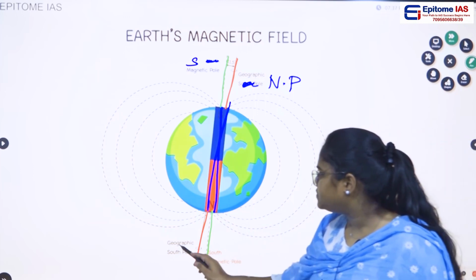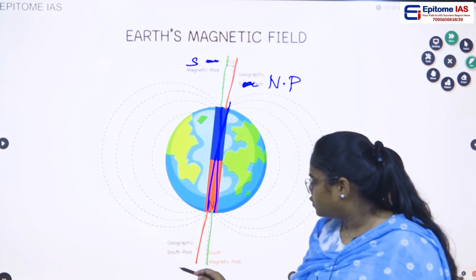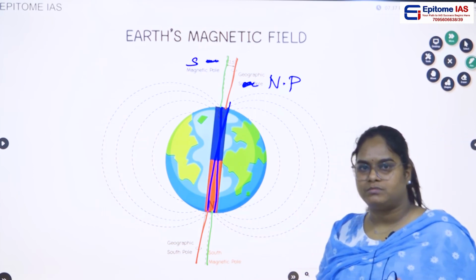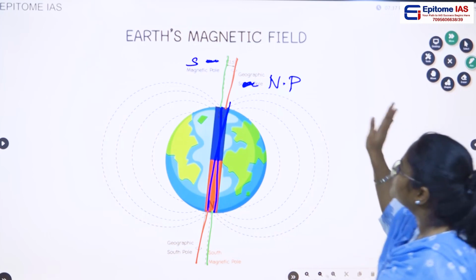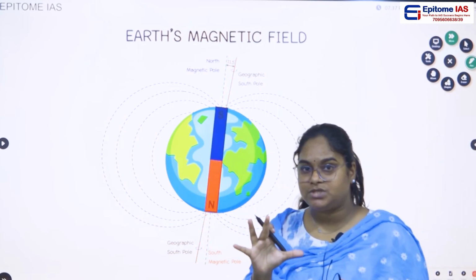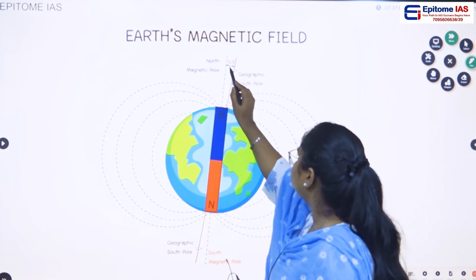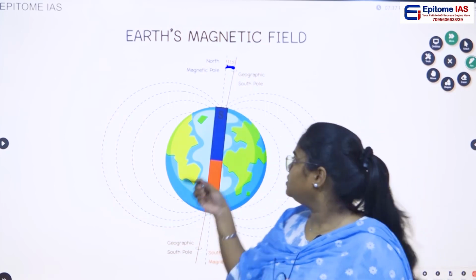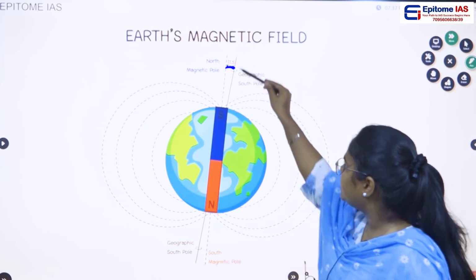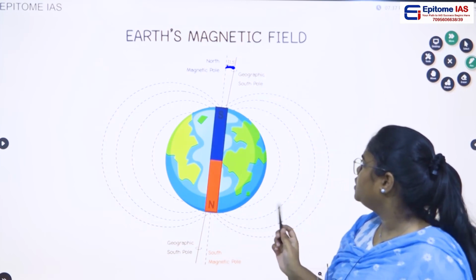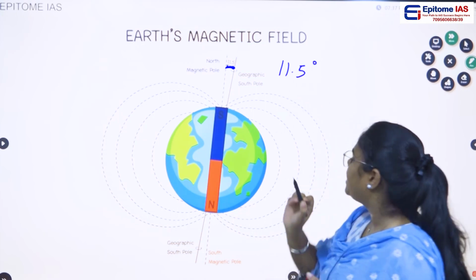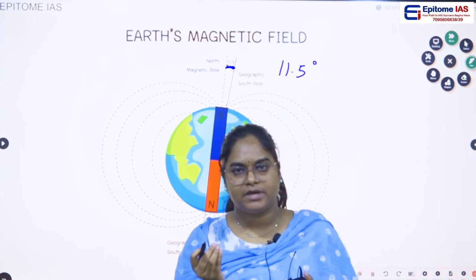So let's say this is Earth's South Pole, then the magnetic pole would be a North Pole. In the question, they were simply asking what would be the difference of angle between the Earth's geographic pole and the Earth's magnetic pole. So it would be approximately 11.5 degrees. So that would be the correct answer.